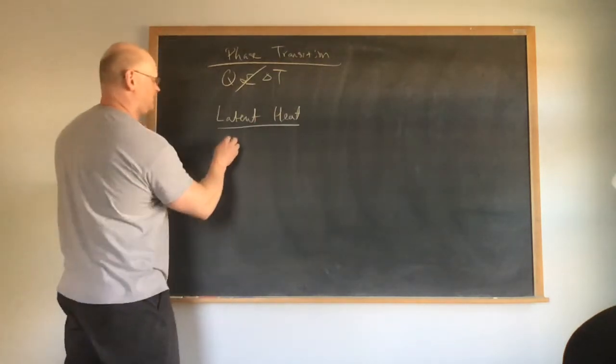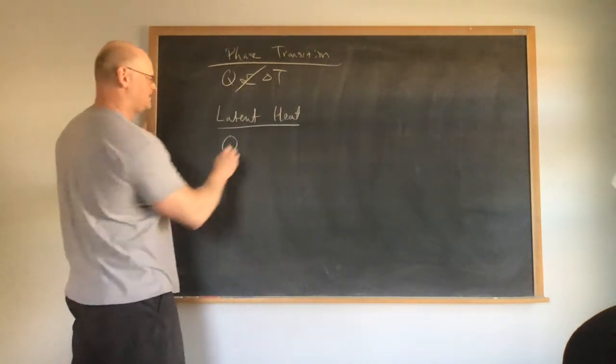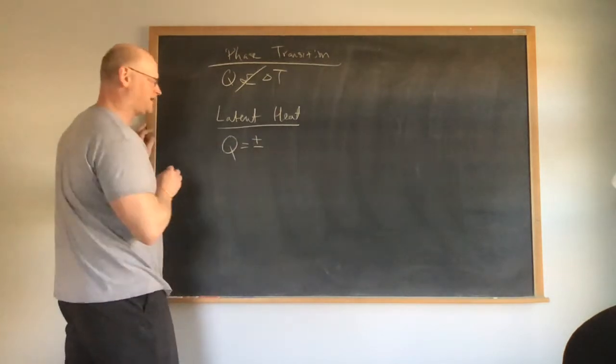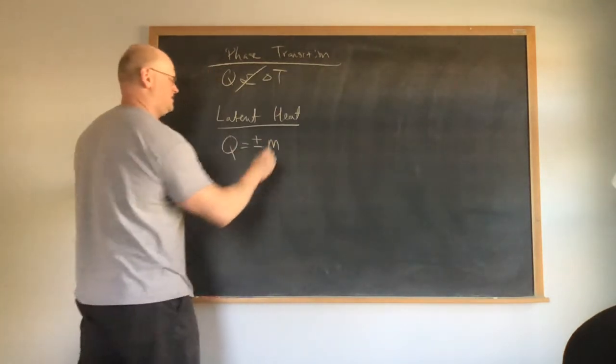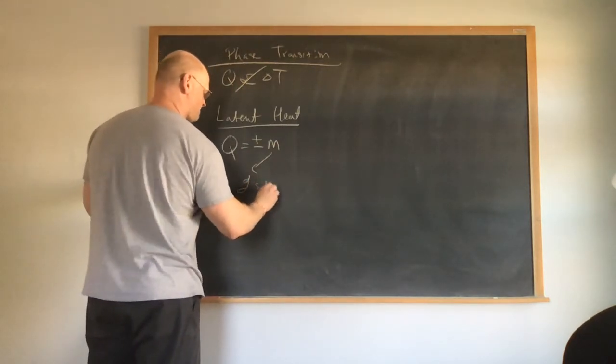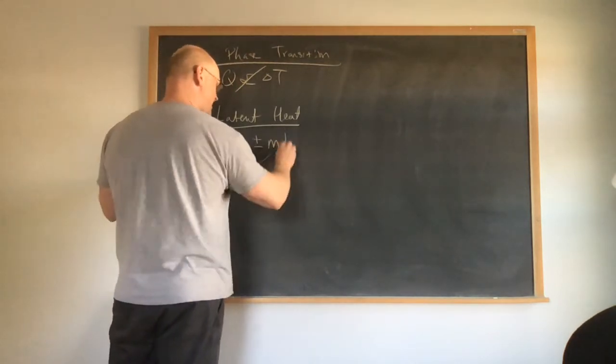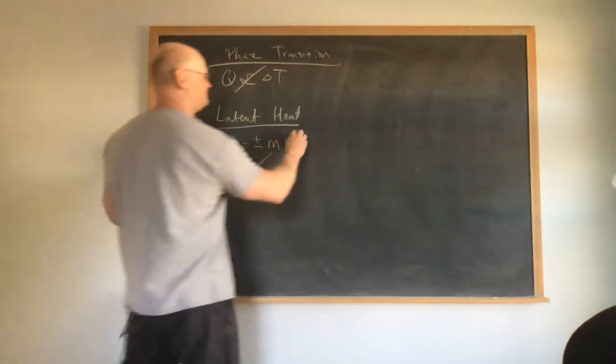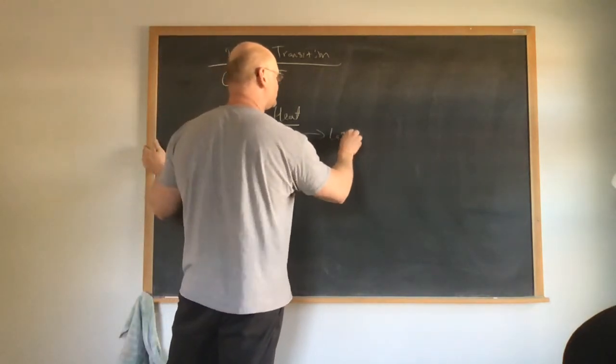So in this case, the heat is going to be equal to plus or minus the mass of the substance times what's known as the latent heat. L here is simply called the latent heat.